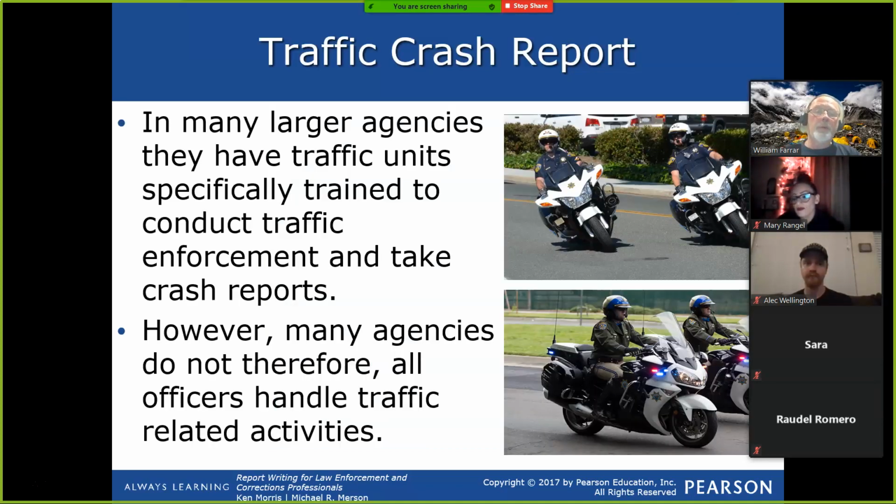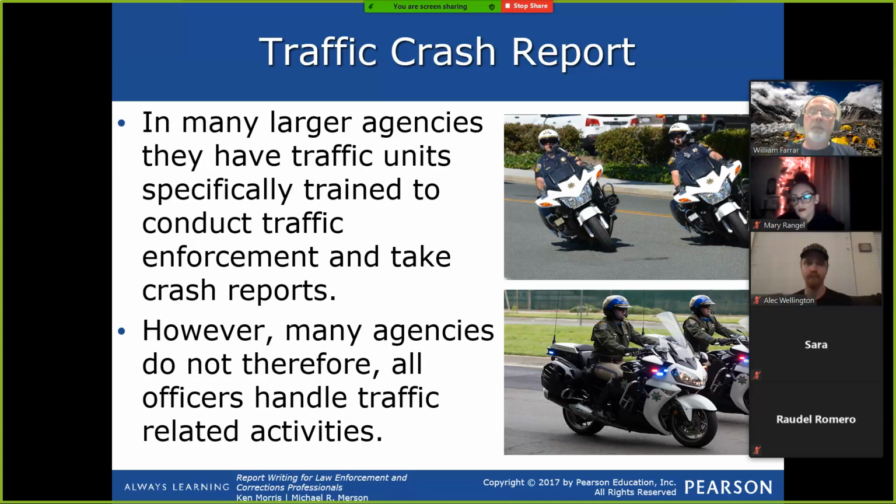In larger departments, they actually have units that do traffic, typically motors. Motors are really good for traffic enforcement because they can get in between other vehicles and start and stop real quick and turn around really fast. They don't quite have as much protection, of course, as a police car would.